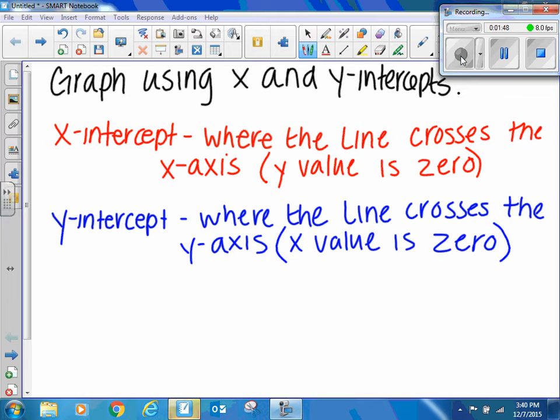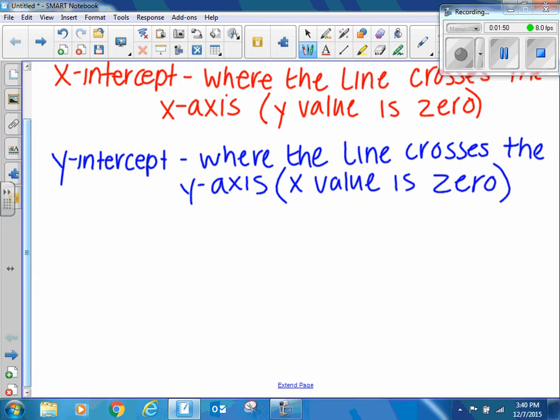Okay? And if you were to look at a graph of a line, you could easily see that where I cross here, I'm at 0 with x, and when I cross here, I'm at 0 with y. So that's where these values of 0 come from. And that's going to be important when finding these.